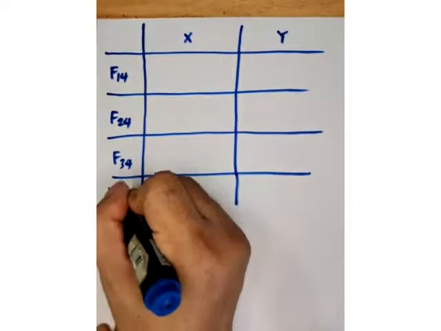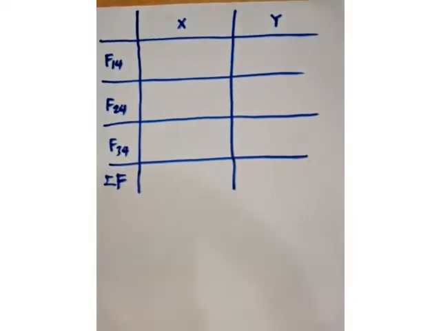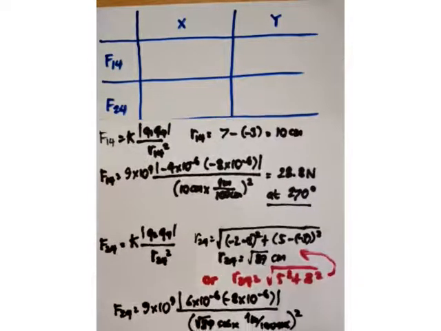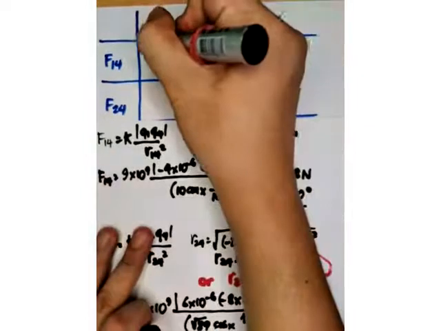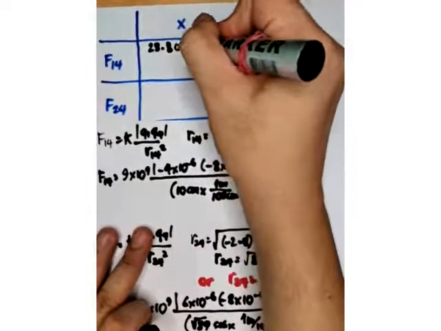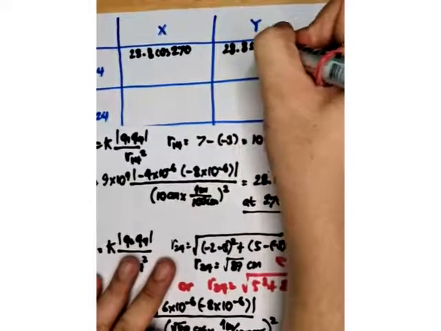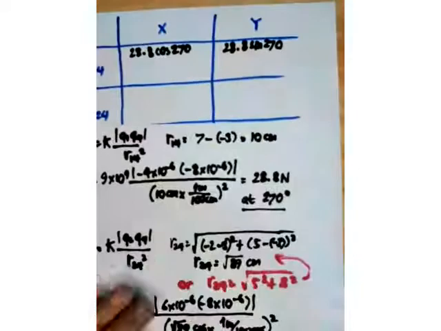And then nandito yung ating net force or yung summation of forces. And then isa-isayin lang natin sila. So yung 1,4 natin ay ito. So 28.8 times cosine 270 and 28.8 sine 270.